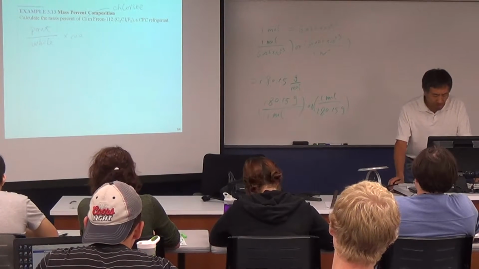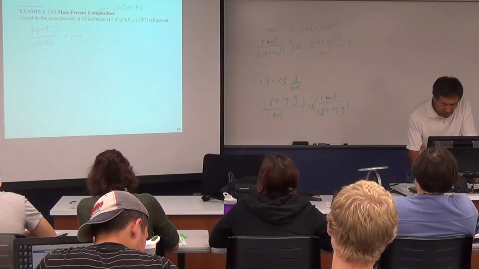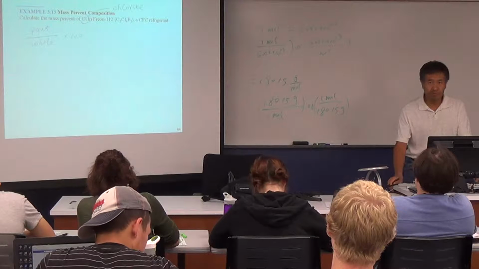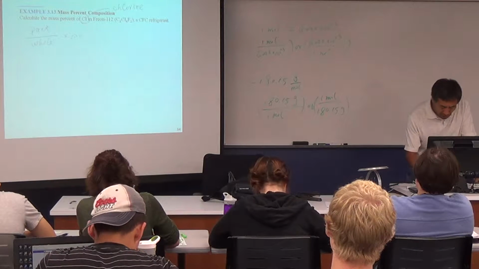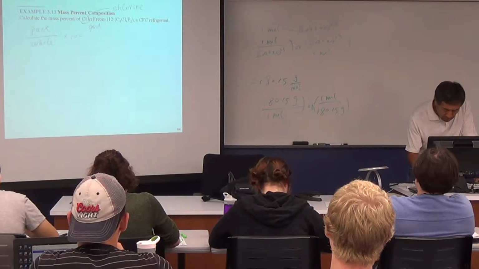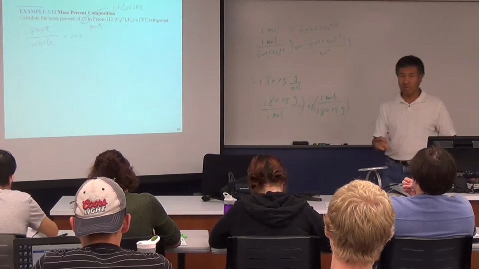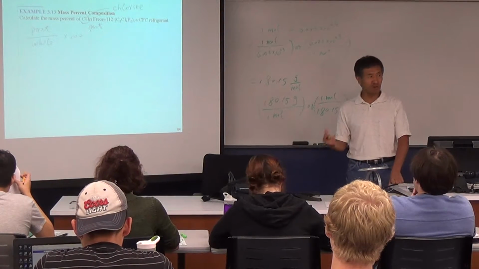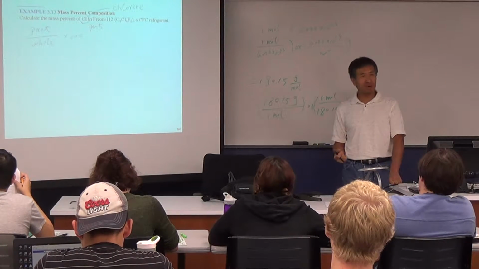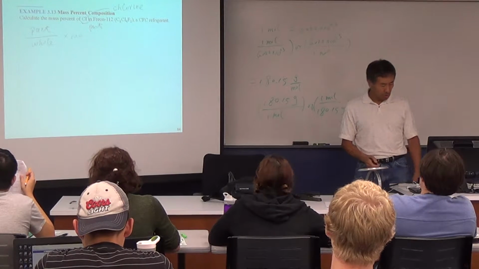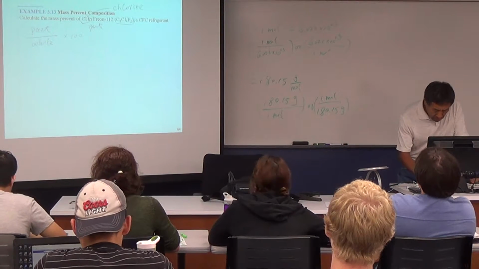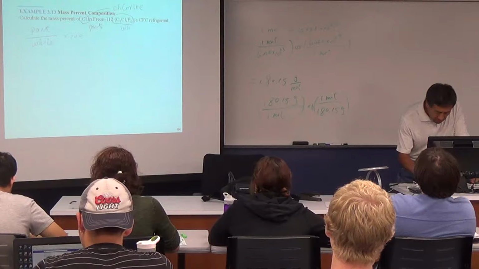Now what is our part here? Our part will emphasize this Cl. We have to see how many Cl are in there. So part is about the Cl. Now what is our whole? So that is our whole.